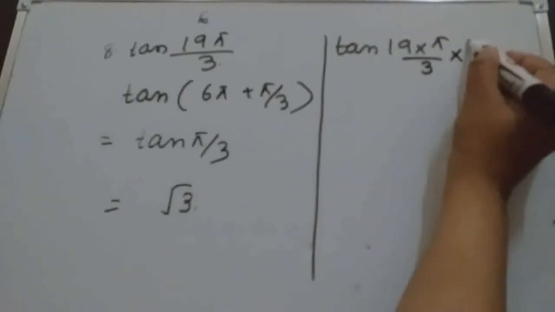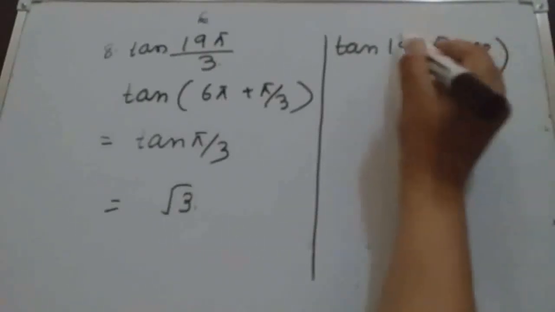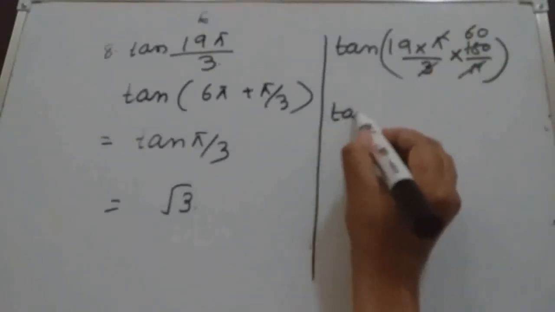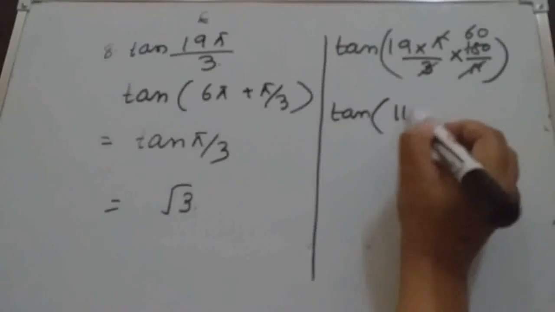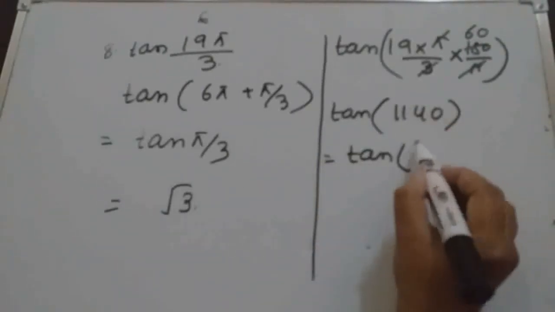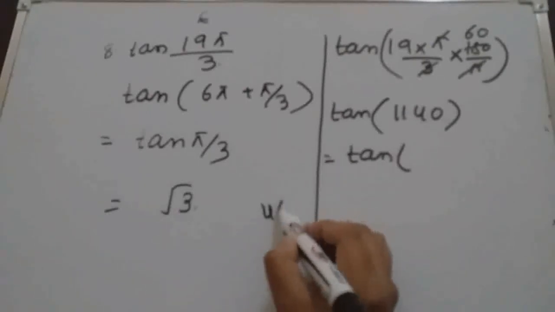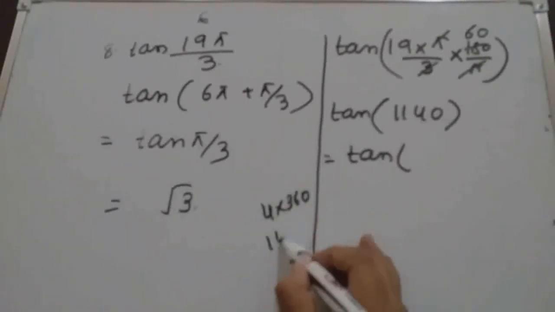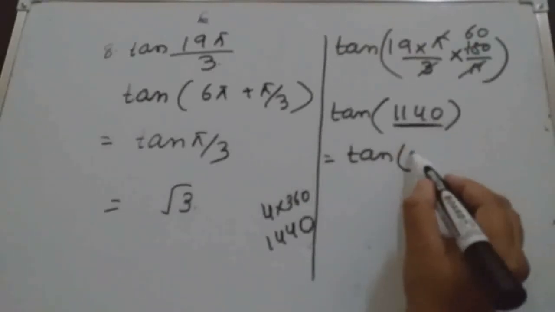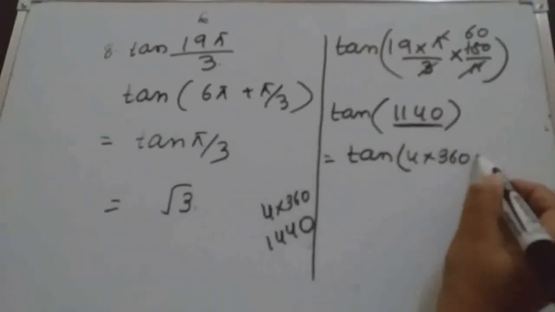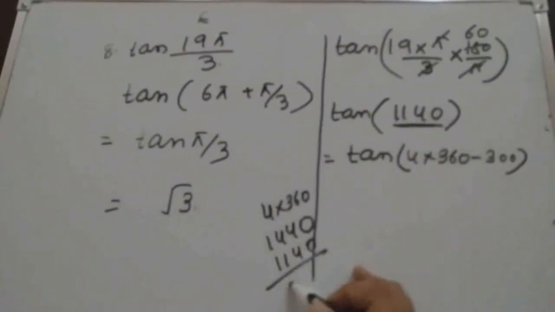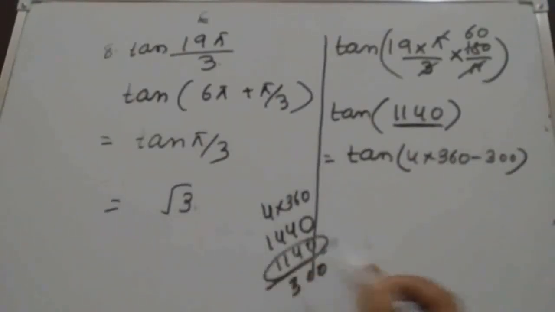And using degrees, if you want to solve the same question, 19 into pi by 3 into 180 by pi, isn't it? So pi will go, 3 6s are 18. So this will give 1140. So what we can write? We know 4 times 360 is what? 1440. So we should find 1140. So we will write 4 into 360 minus 300, isn't it? 300 we should subtract to get 1140.